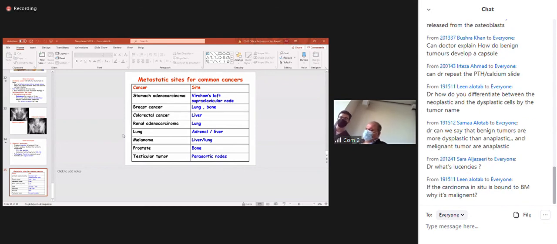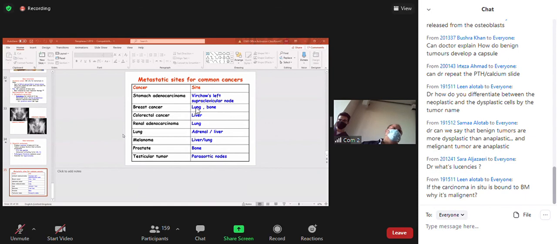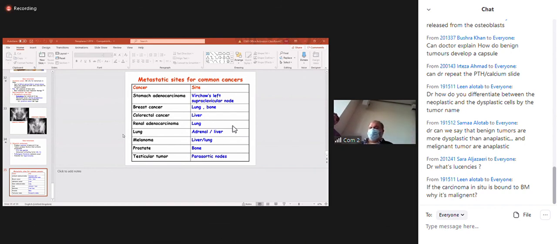Can bone metastasis lead to anemia? How will that do it? Yes, very good. If there is extensive metastasis to the bone marrow, you're going to end up with a picture where all the normal bone marrow elements have been kicked out. That happens especially if you have a tumor arising in the bone marrow, such as acute leukemias, where there is far and widespread extension of this tumor in the bone marrow.